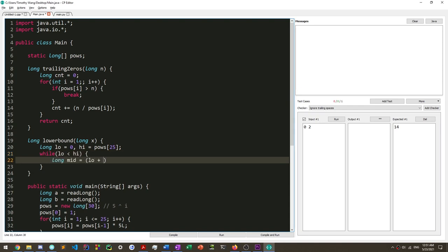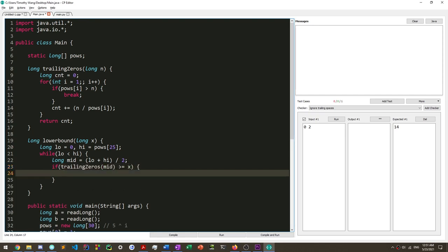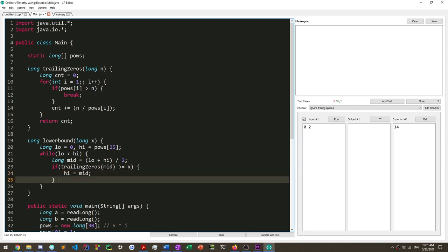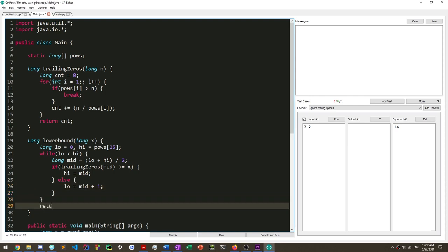So that's going to be low plus high divided by 2. And if f of mid, or the number of trailing zeros for my mid value, is greater than or equal to x, right, then high is equal to mid. Otherwise, low is equal to mid plus 1. From there, all we have to do is return low.